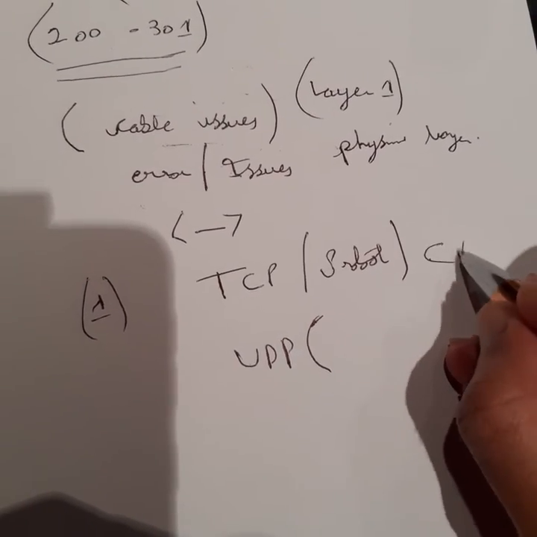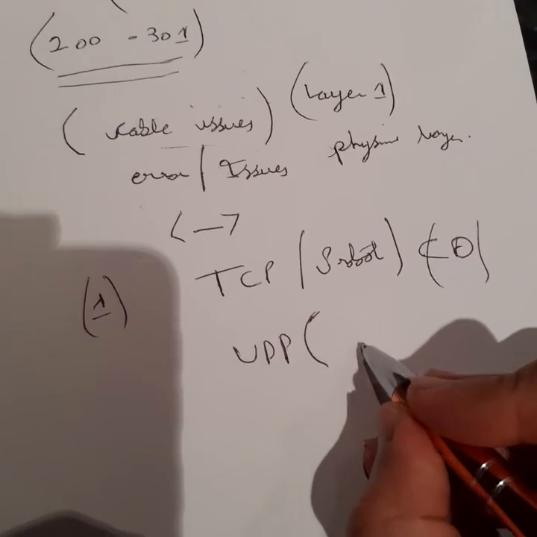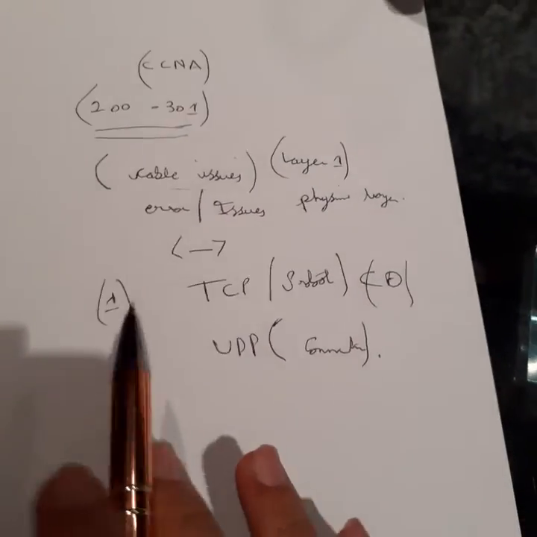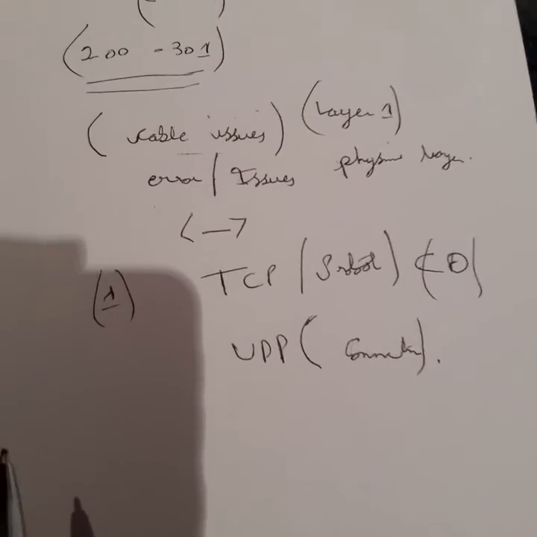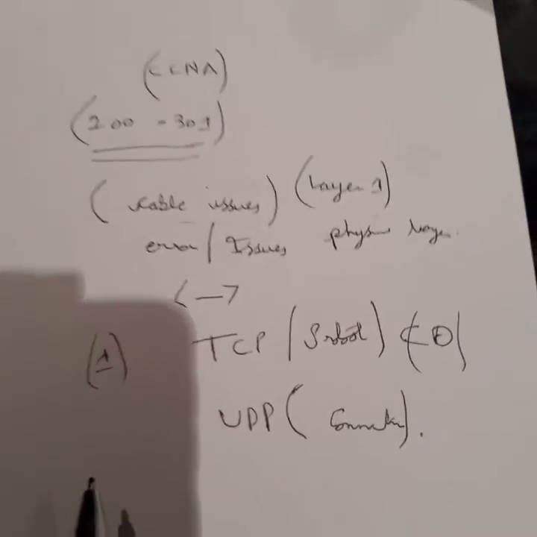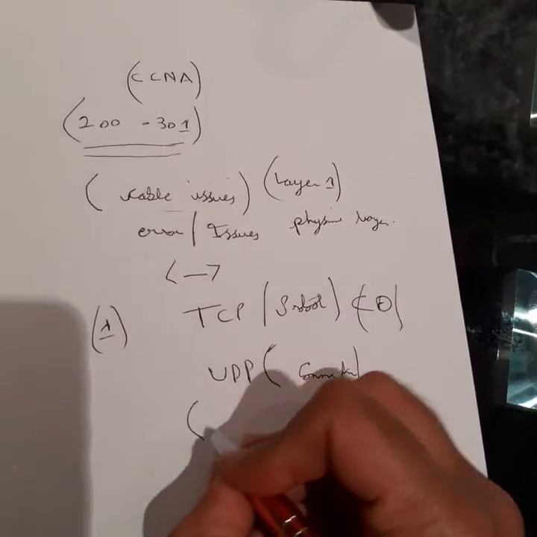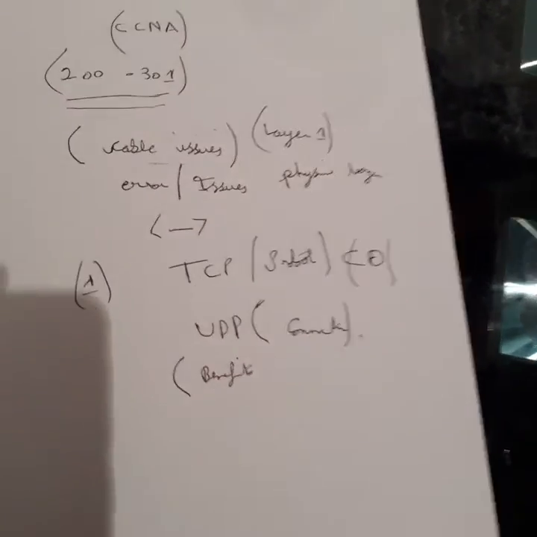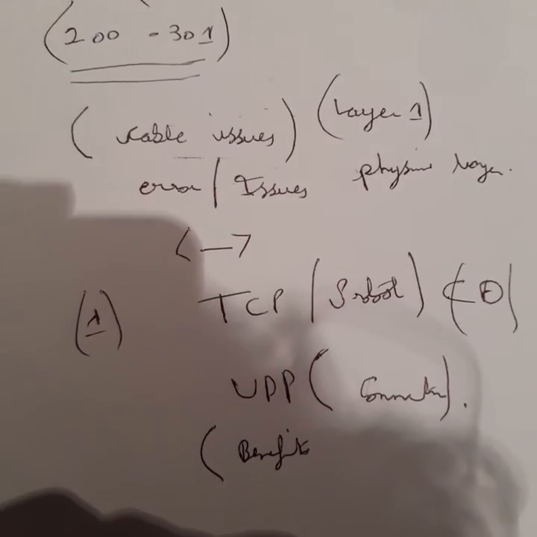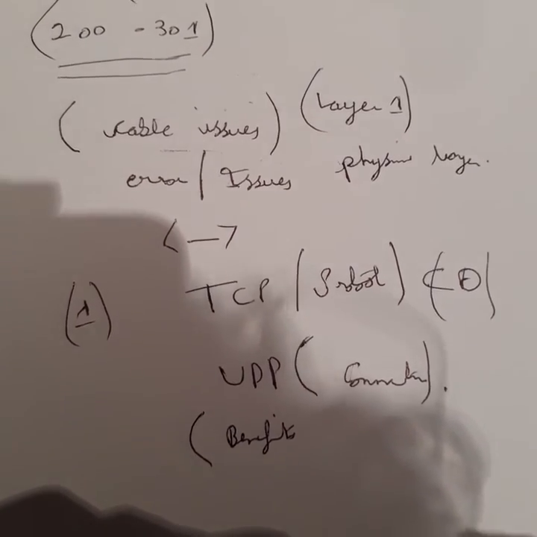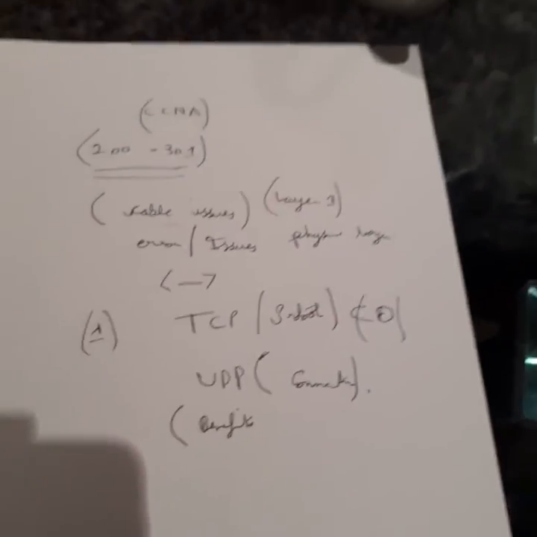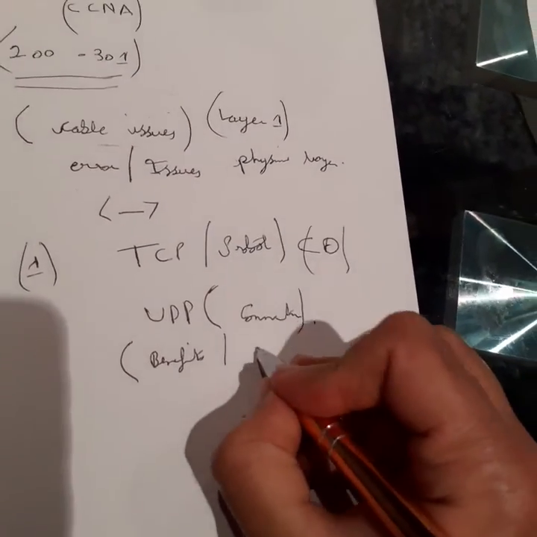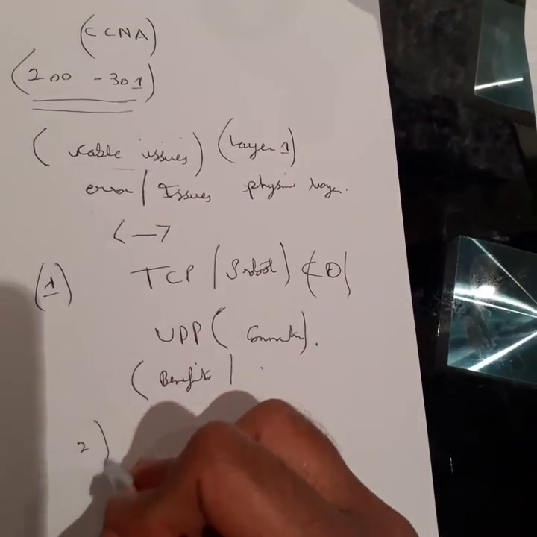Probably this is connection oriented, CO, and connectionless, and what ports they are on, very important. Apart from that, what are their benefits? And then talking about these protocols and their mechanisms, how they work. That's an important point you need to know.